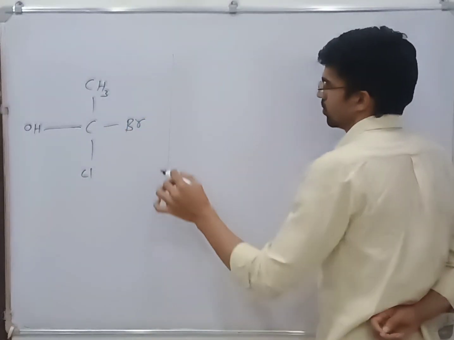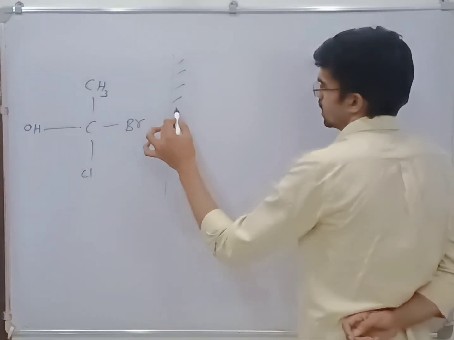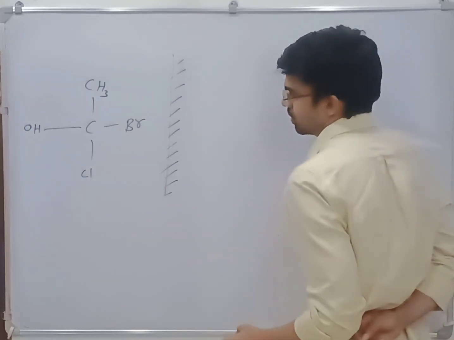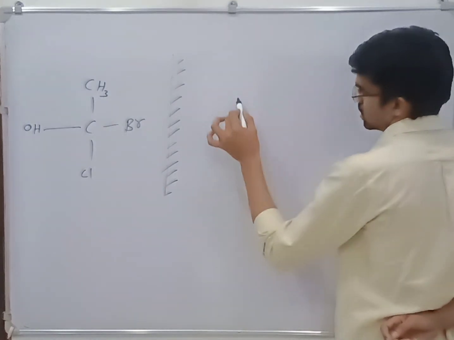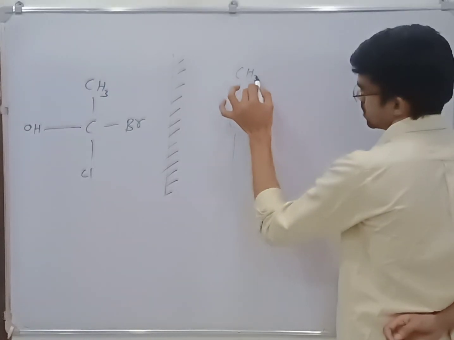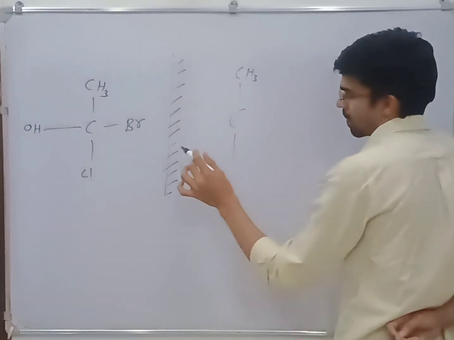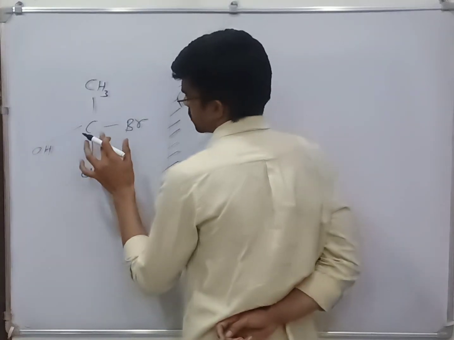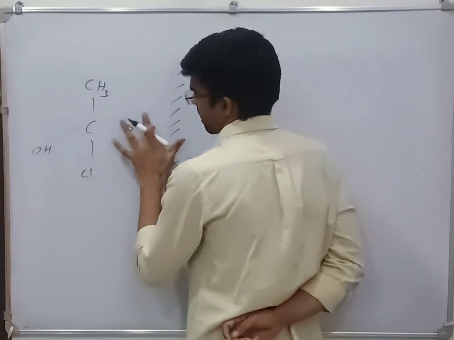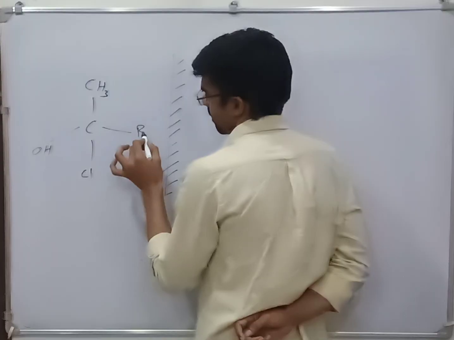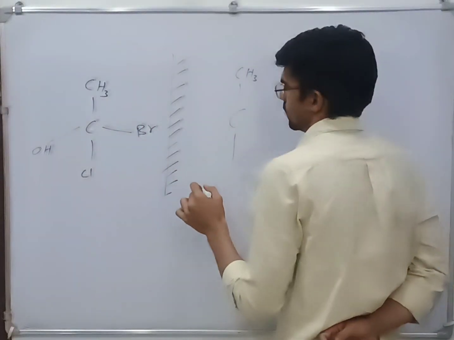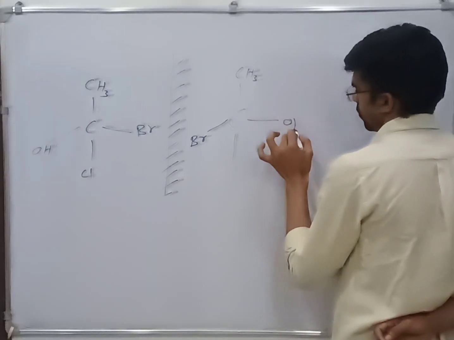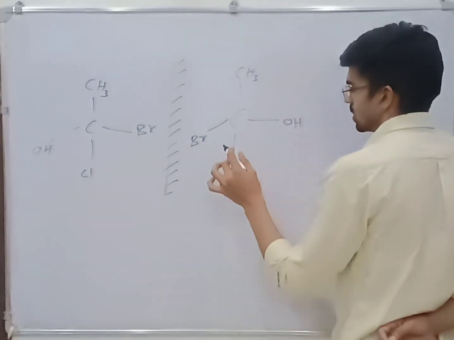This is your optically active organic compound, and the mirror image of this compound is CH3, OH, Br, and Cl.